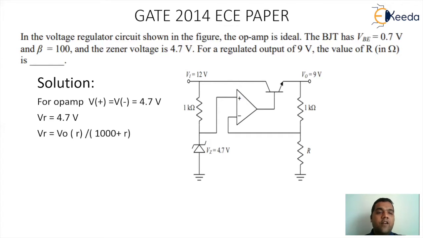So the value of VR is VO into R divided by 1000 plus R. The value of VR will be substituted as 4.7 and the value of VO as 9. On solving, we get the value of R as 1093 ohm. So this is the answer, R equal to 1093 ohm.